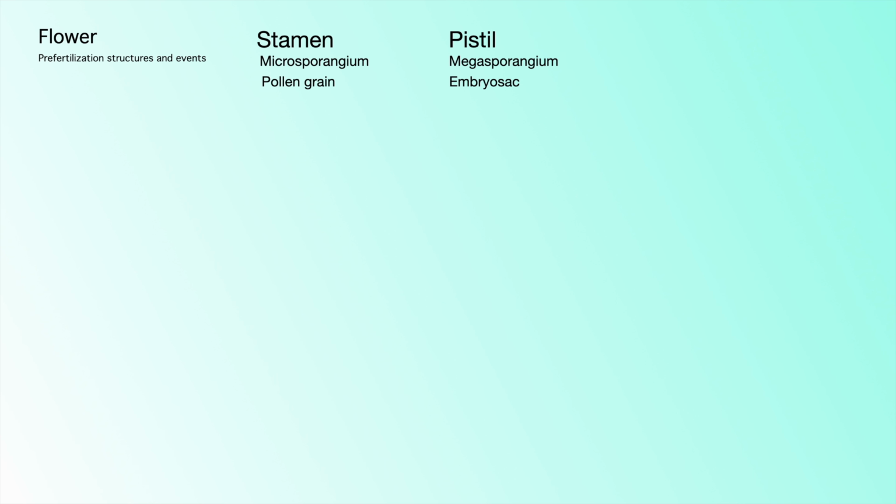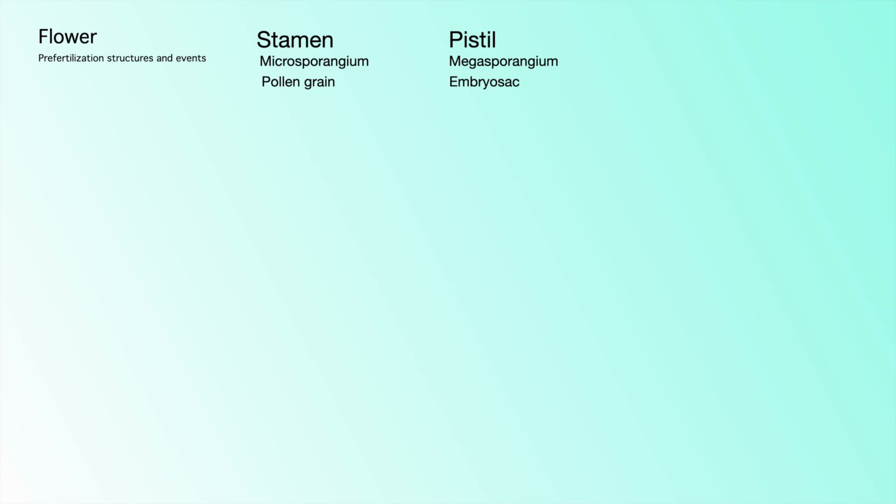The embryo sac is also called the female gametophyte. Now we have reached the female gametophyte, but we have not yet seen how this female gametophyte develops.